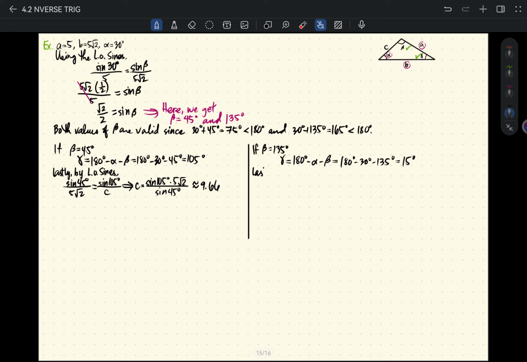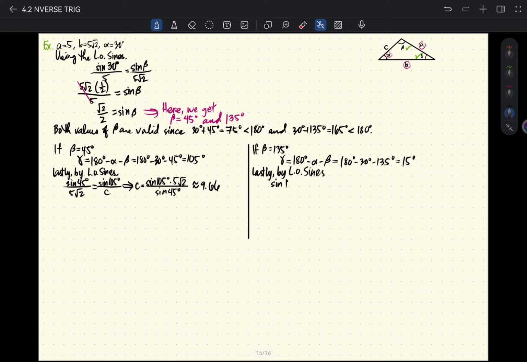And lastly, by law of sines, we have right here sine of alpha. No, I use beta here, I think. Yeah, I use beta.